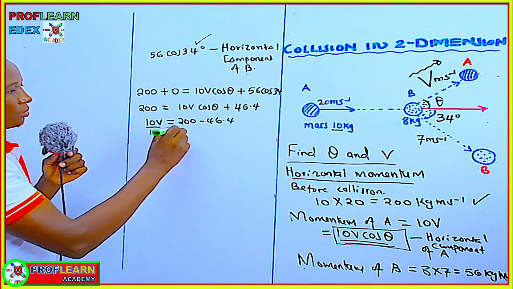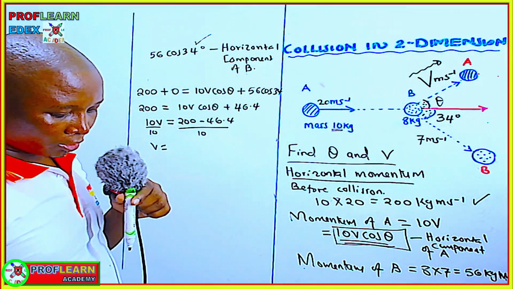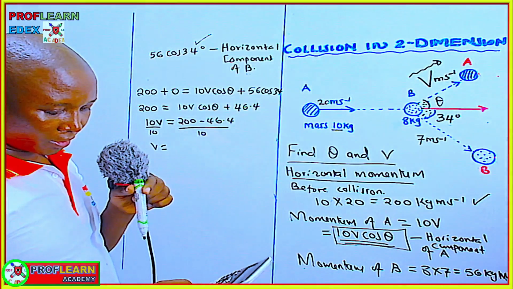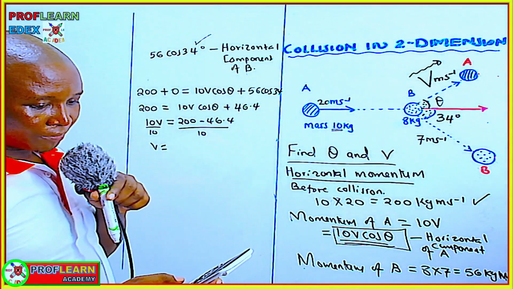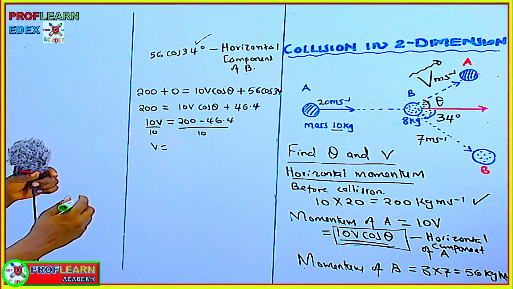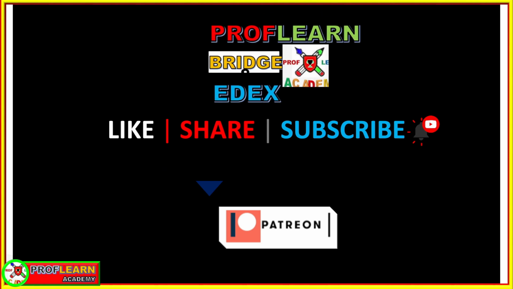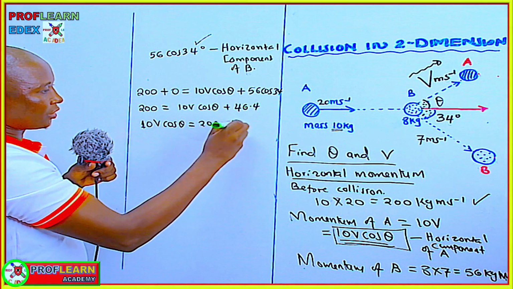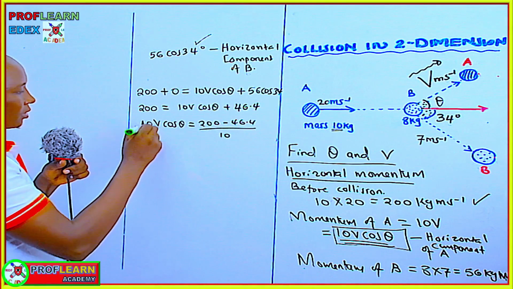Then we can divide by 10, and the 10s cancel out.